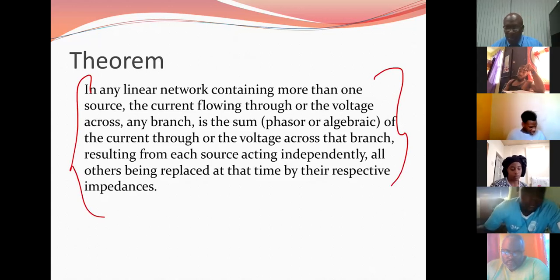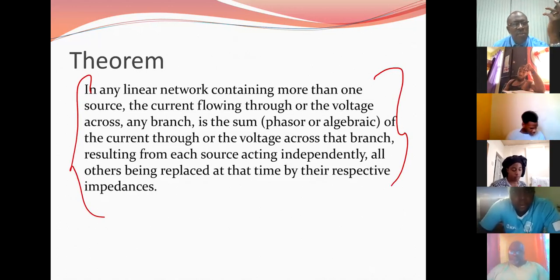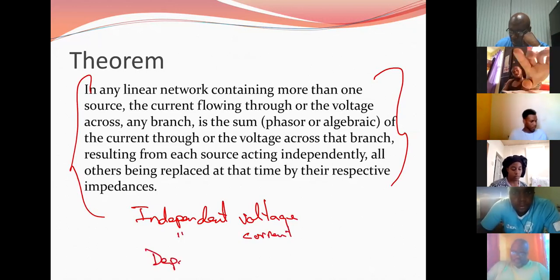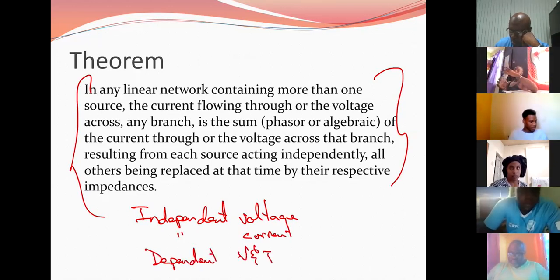Before we go there, however, in the notes that you would have gotten, you would have had some descriptions of sources. You would have had description of an independent voltage source, an independent current source, and also dependent voltage and current sources.